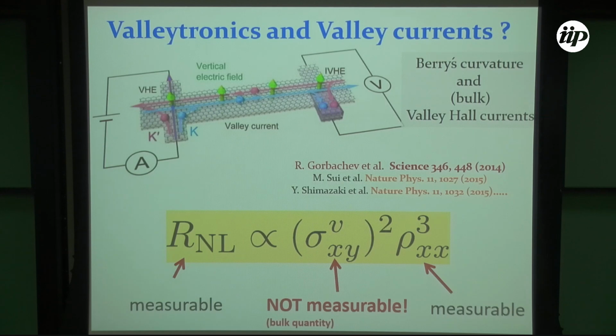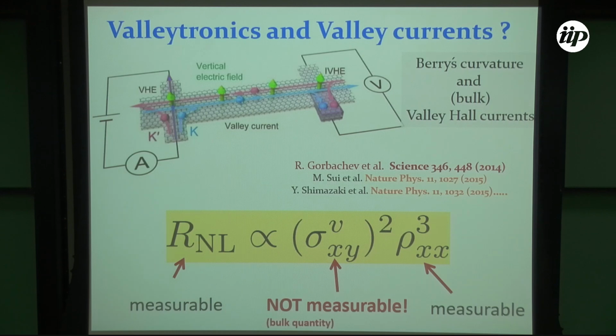The point is that although we can measure this non-local resistance in the experiment, and we can also evaluate the resistivity directly, we cannot really measure the valley Hall conductivity. We cannot measure it from optical measurements, and there is no electrical readout of the valley degrees of freedom. With spin, we can, because we can play with the magnetization of the contact.